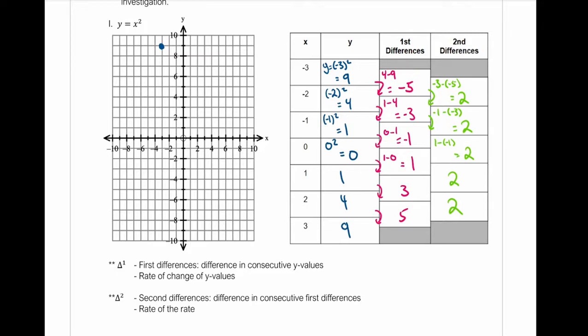Negative 2 and 4. Go over to negative 2, up to 4. Negative 1 and 1. 0 and 0. 1 and 1. 2 and 4. 3 and 9. So there are our points.